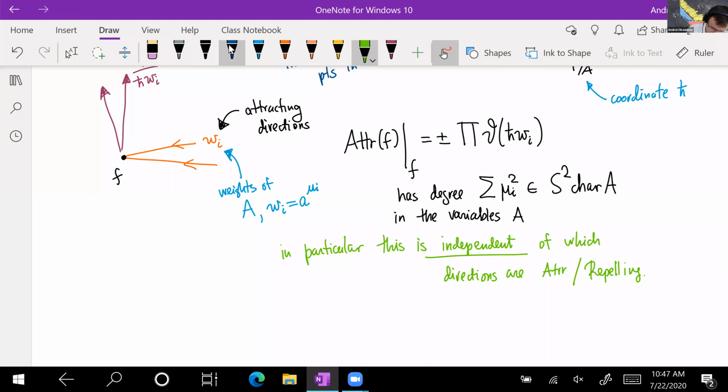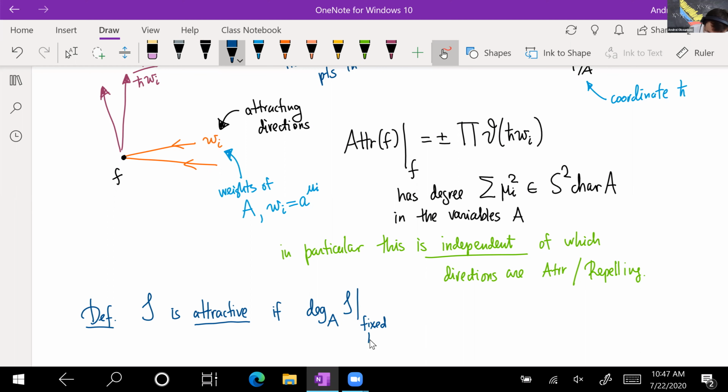And so, maybe a definition. This line bundle S is called attractive if the degree in A of its restriction to any fixed locus is equal to the degree in A of the attracting manifold.